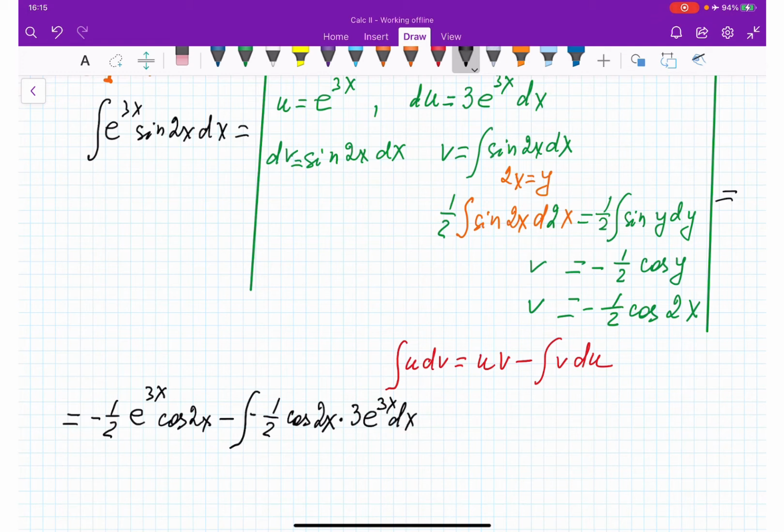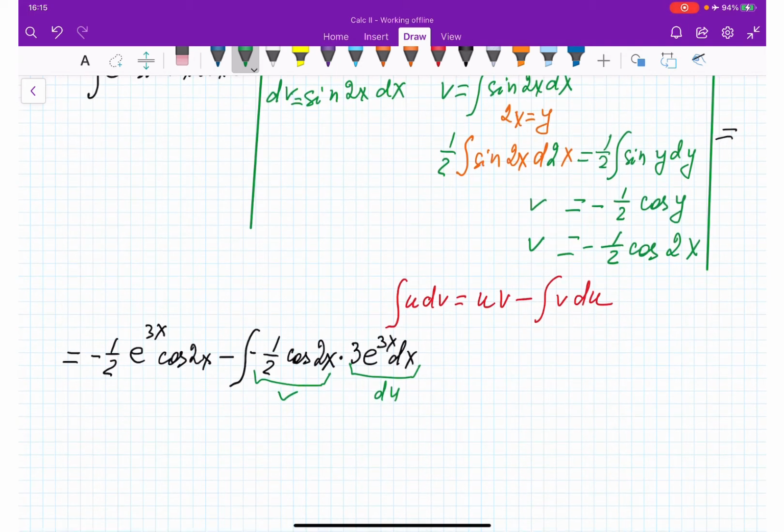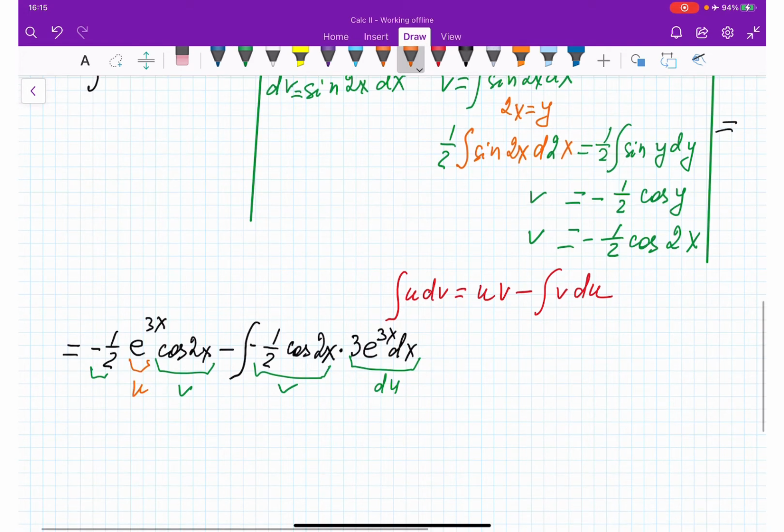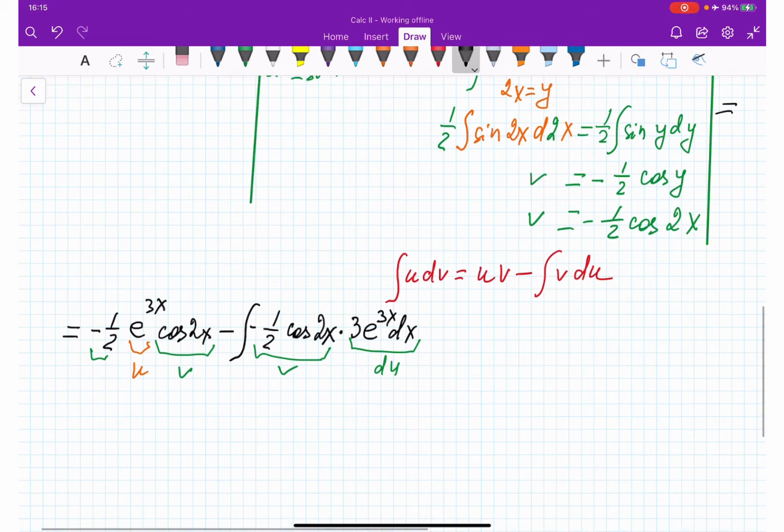So what do we have here? This is our du, right? And this is our v. So this is my v with this piece, and this is my u. So uv minus integral v du.